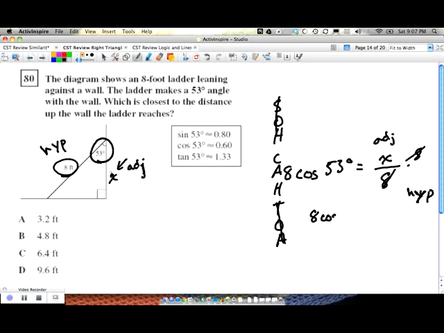Multiply both sides by 8, and I get 8 cosine 53 degrees equals x. Thankfully, they've told me what cosine is approximately. It's 0.60, or just 0.6. So I'm going to do 8 times 0.60, which is 8 times 6, or 48. So this is going to be 4.8. There we go. The answer would be B.